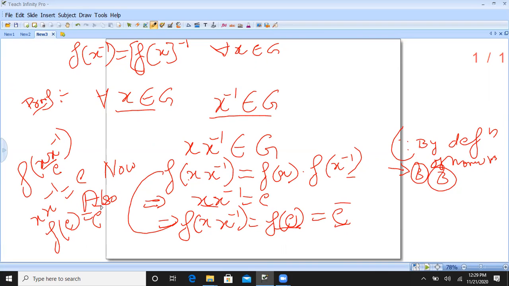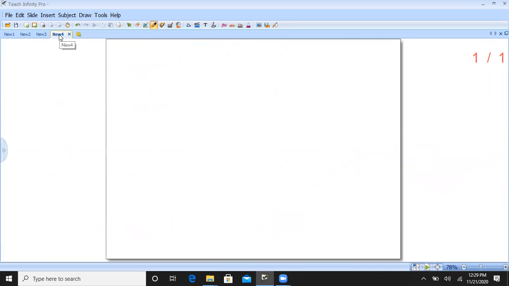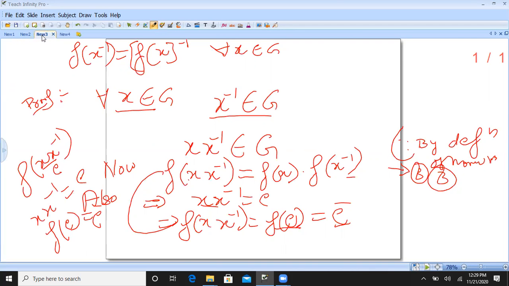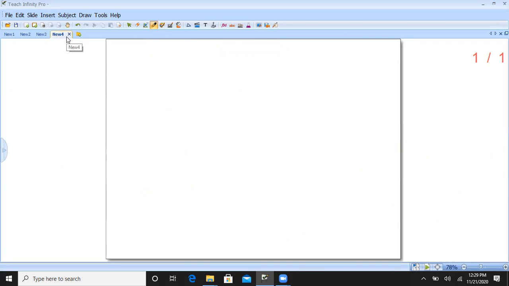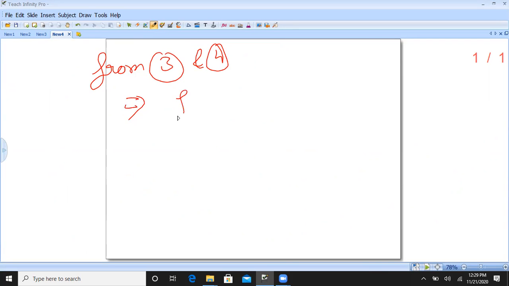Okay, now from the next page I will be explaining this from 3. So this is equation number 4. Next, from 3 and 4, we know that f of x into f of x into x inverse is equal to e bar.